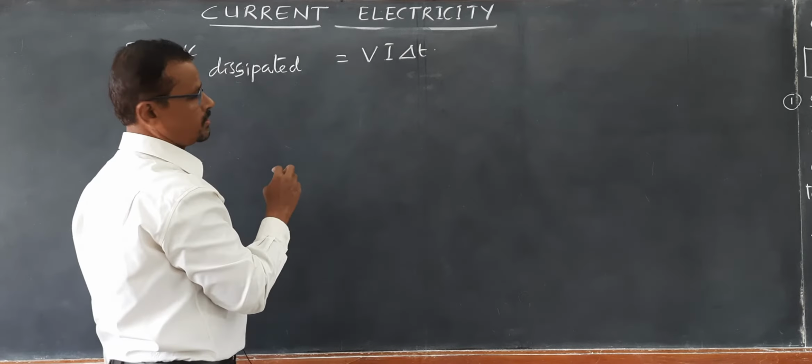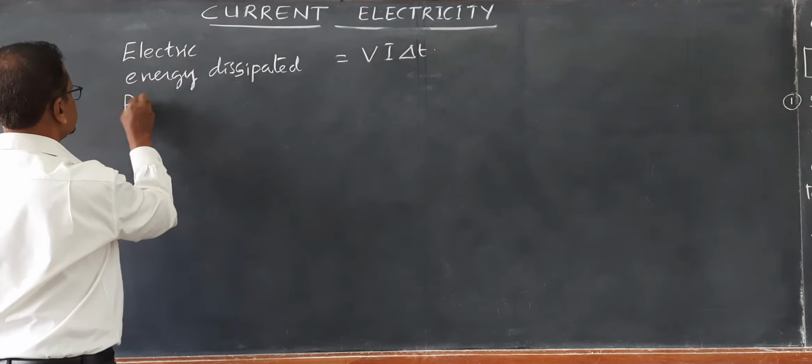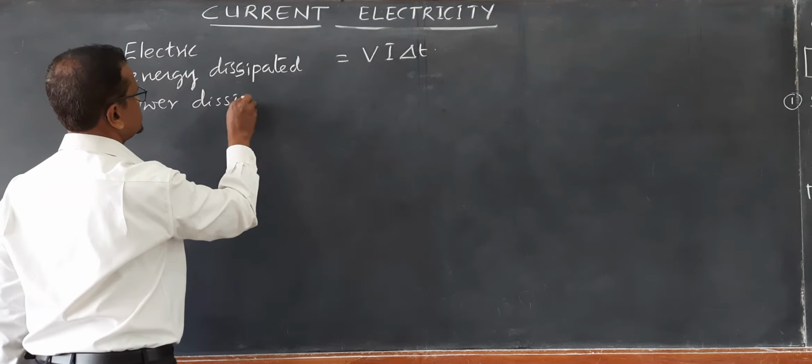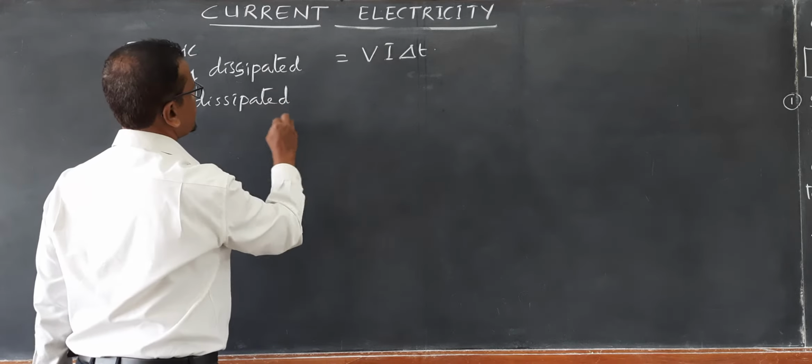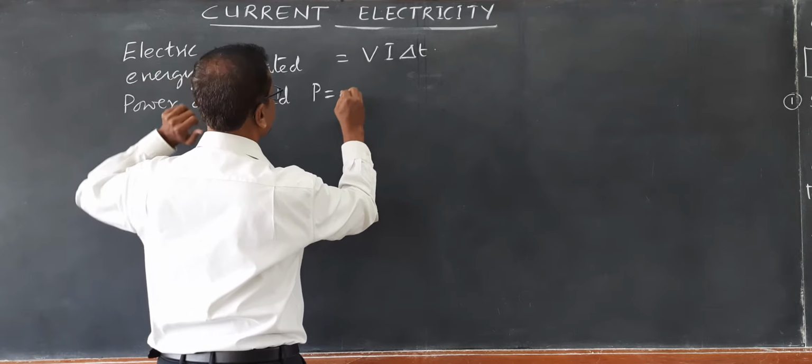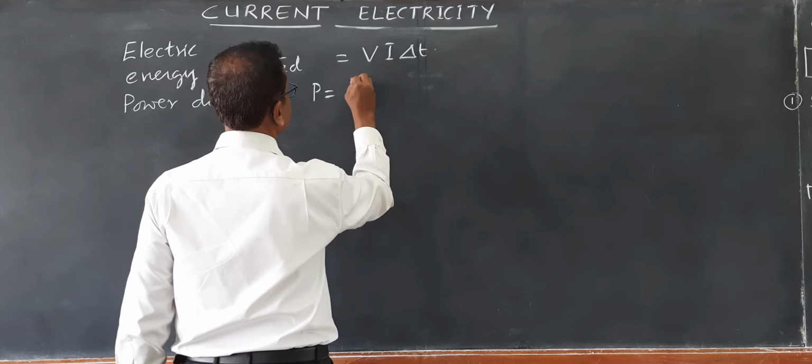Therefore, from this we got the power dissipated as P equal to energy dissipated per unit time.